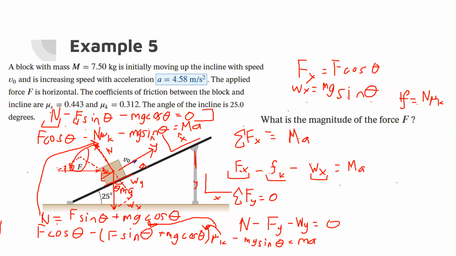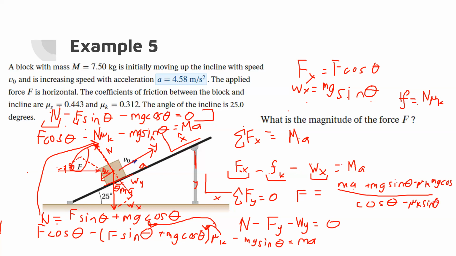And so doing so, I will get a final solution: the magnitude of F equals ma plus mg sine theta minus mu k mg cos theta, which I won't be able to fit, and all of that divided by cosine theta minus mu k sine theta. And that would be my symbolic solution.